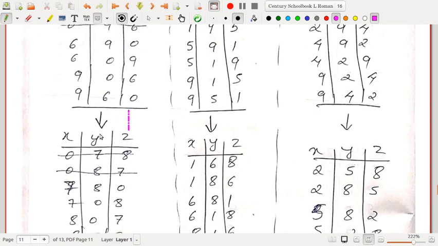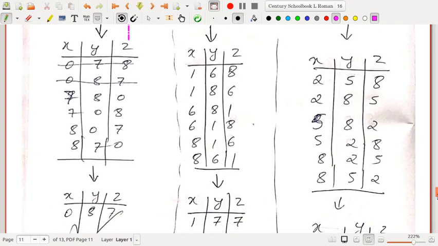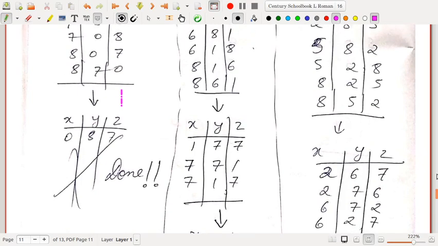You start with x as 0, then increase the value of y by 1. So 7, 8, and you cancel the first two and consider all the other permutations. Then in the next step, when you go x 0, y 8, but z is 7, this case we have already considered, so we will not do it again. So it's done, I have written.